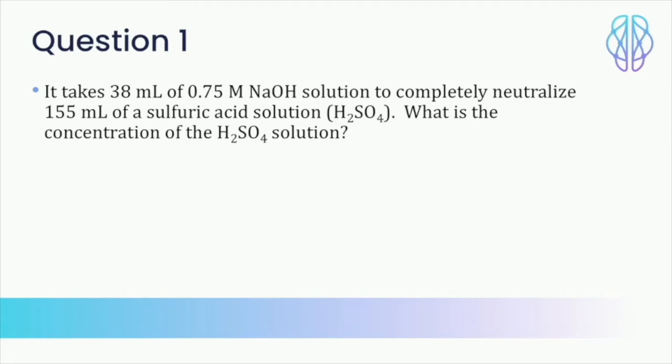So basically, when it says neutralize, I want you to imagine that we have a burette of sodium hydroxide, and in that burette, I've had to take out 38 milliliters to completely neutralize the sulfuric acid solution that's in the beaker underneath the burette, and there's about 155 milliliters of sulfuric acid in that beaker.